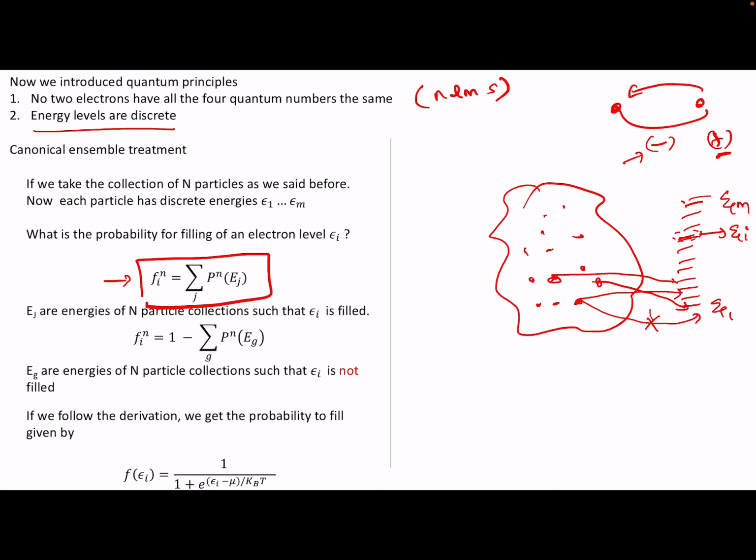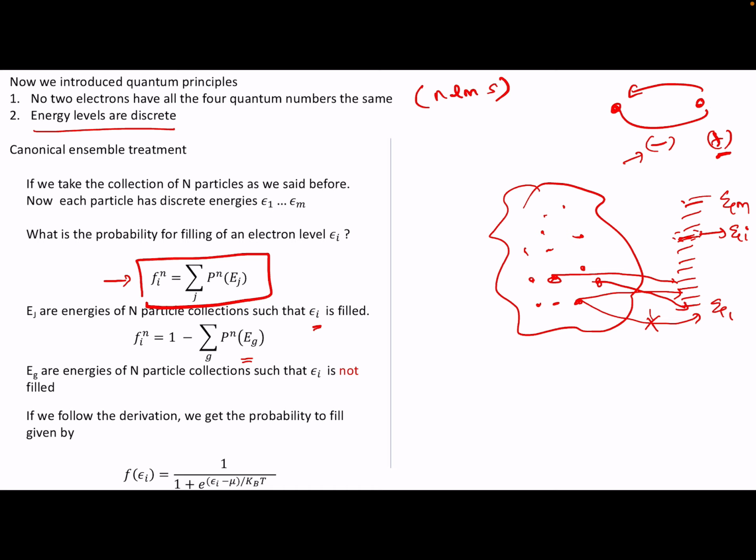The way I solved this last time, which is also shown in Ashcroft and Mermin, where you can take a look at the derivation in the book, is that it is basically 1 minus the probability that the energy Ei is unfilled. That is what is given here. And how do I get an energy level which is unfilled?